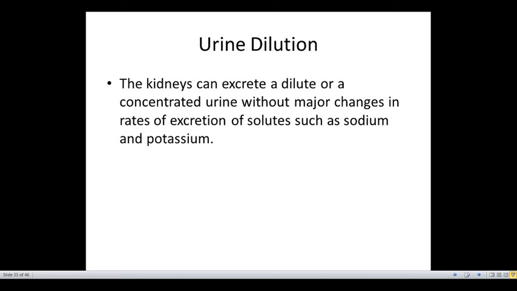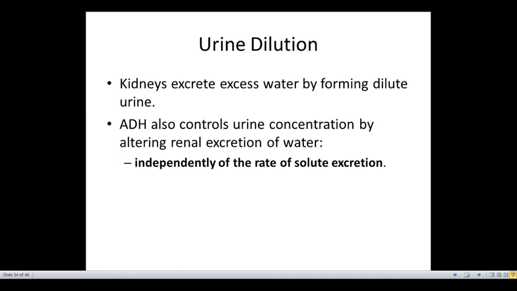Now, as I mentioned in a previous slide, the total body water is controlled by two factors. Number one is the fluid intake, and number two is the renal water excretion. And kidneys can excrete excess water by forming dilute urine.